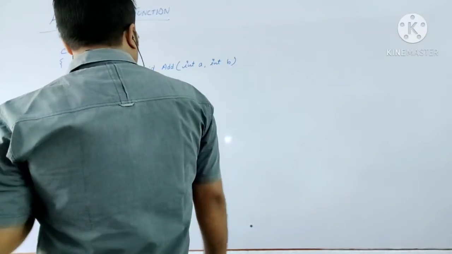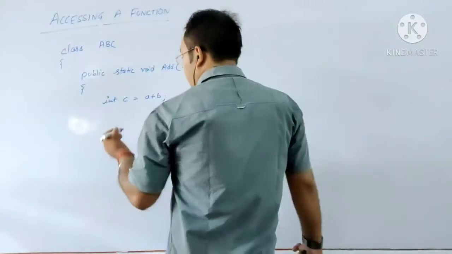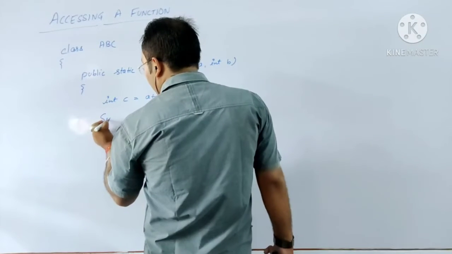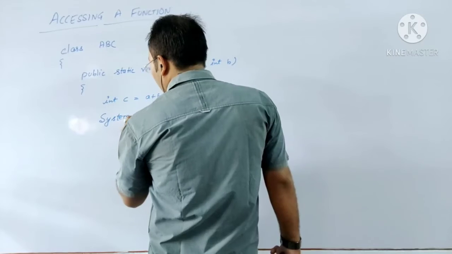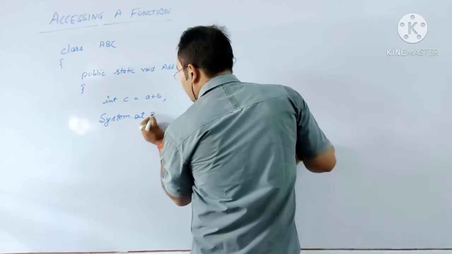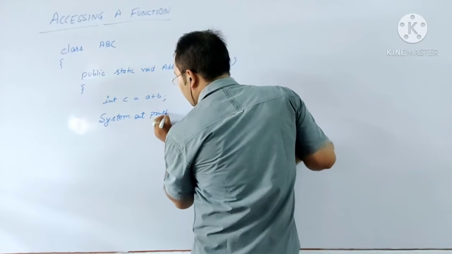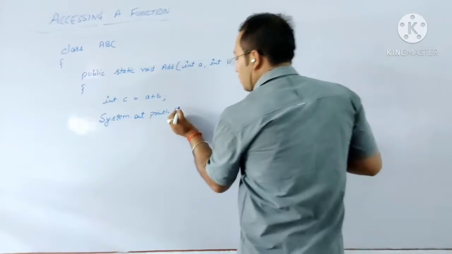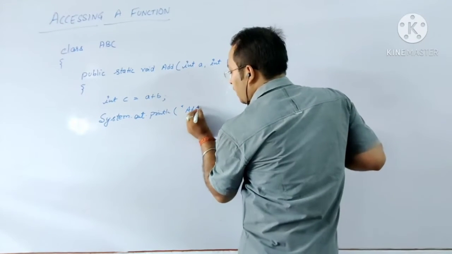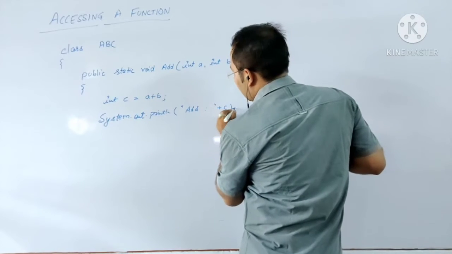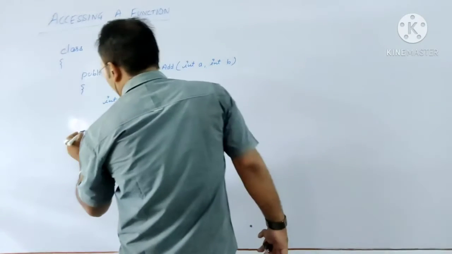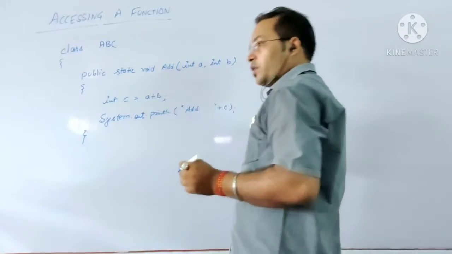Then after that, System.out.print, and then the sum C. So this is my first function.